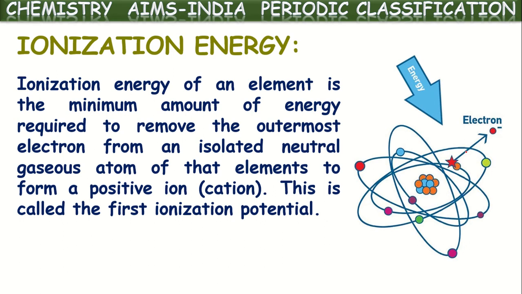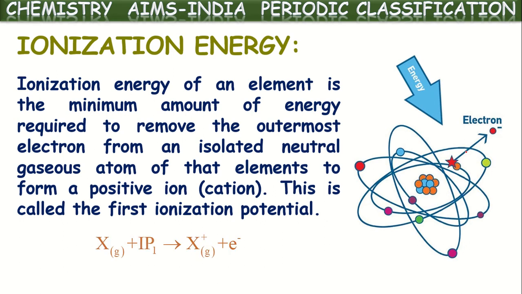But before that, the atom should be isolated from all the remaining atoms, because single atoms generally don't exist. They might be in the molecular form or in the compound form. So first, that atom should be isolated. In that isolated neutral state, the amount of energy required by that atom to eject an electron from its outermost orbital is called ionization energy or ionization potential.